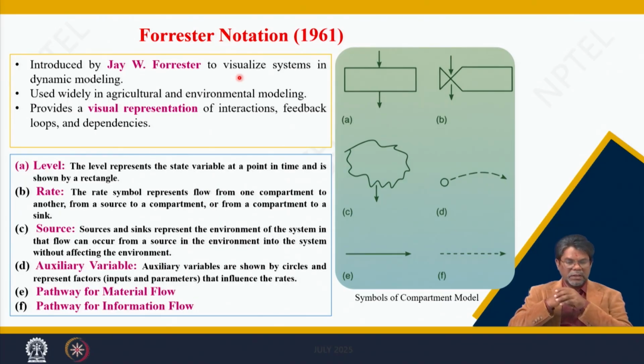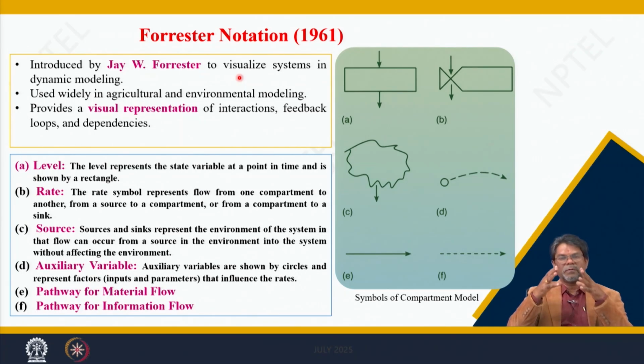These symbols are used widely in agricultural and environmental modeling, and they provide a visual representation of interactions, feedback loops and dependencies. So, what I am saying is, if you see the flow chart of any process in a model, you can see the photosynthesis process, or the water uptake process, or the biomass partitioning process, or the yield simulation process.